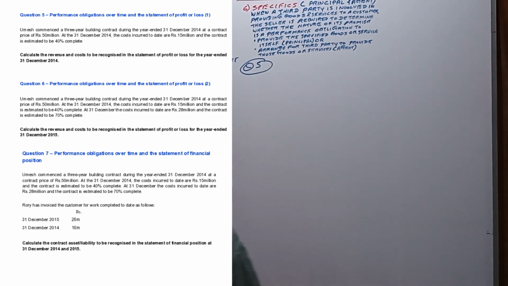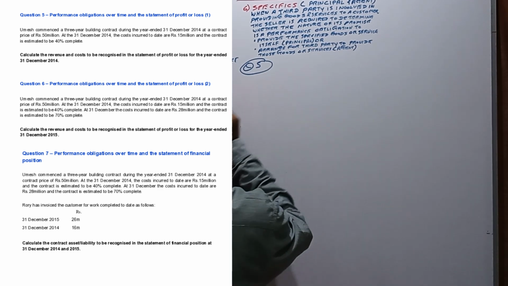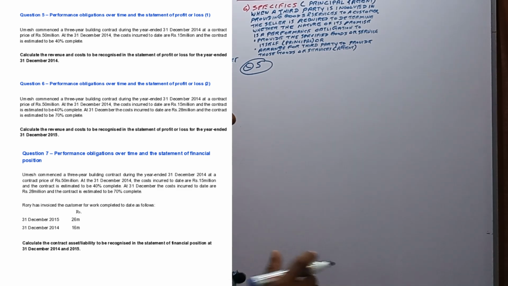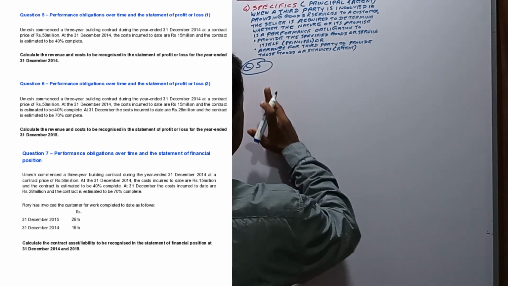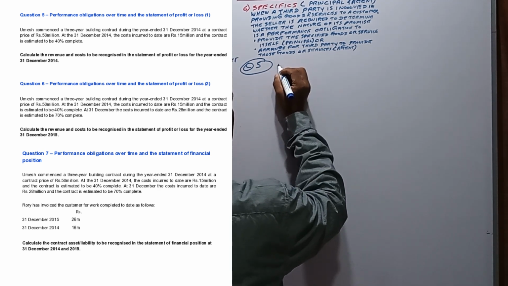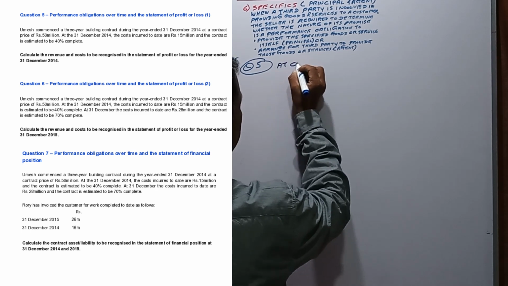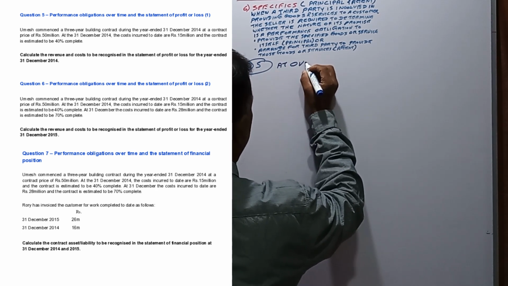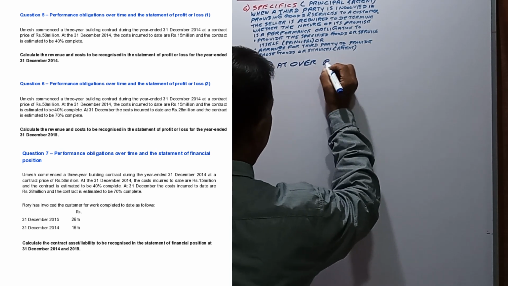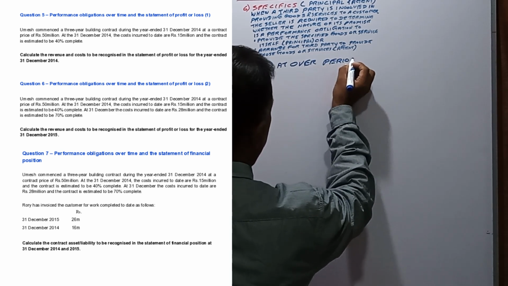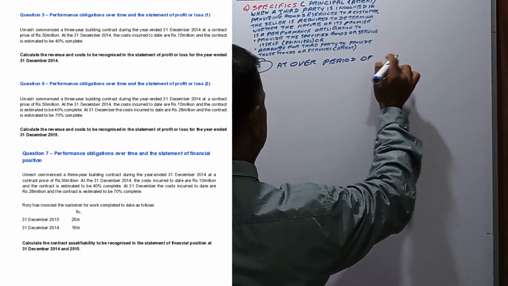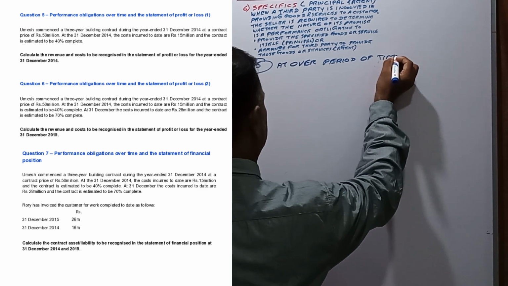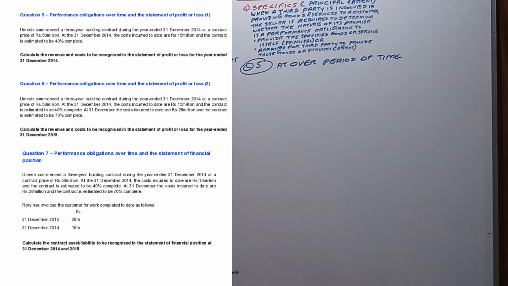Performance obligations take place at the point of time. Until now we have seen at the point of time. Now we will see over a period of time.